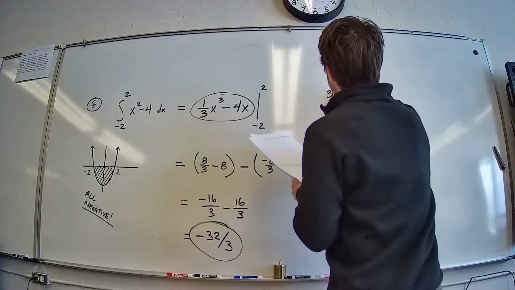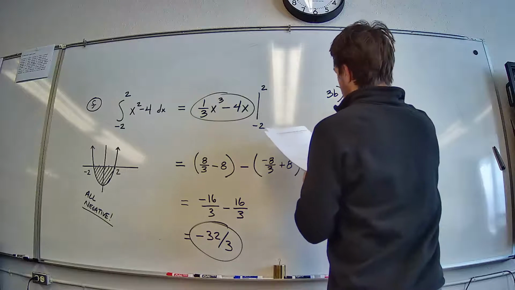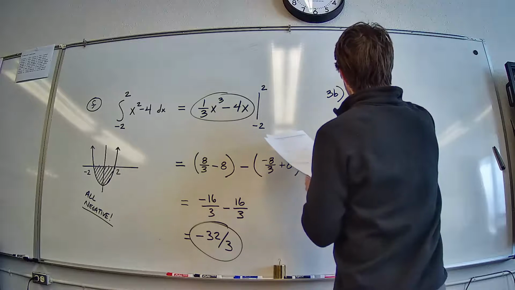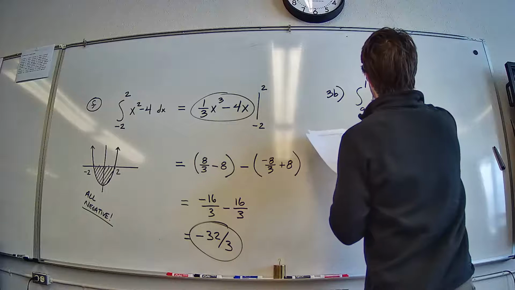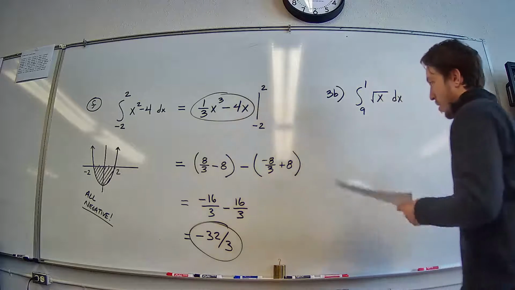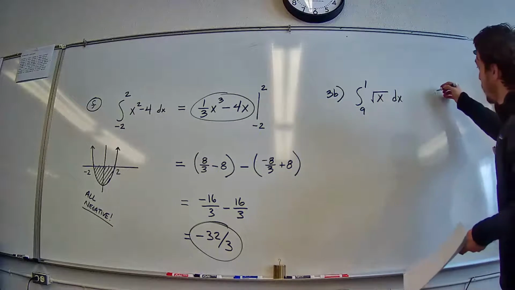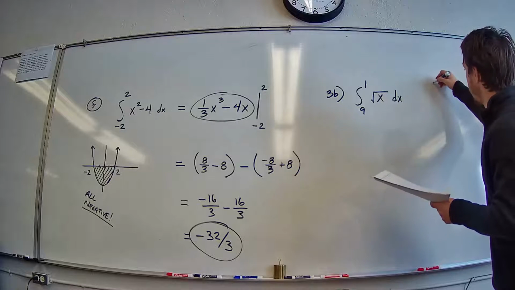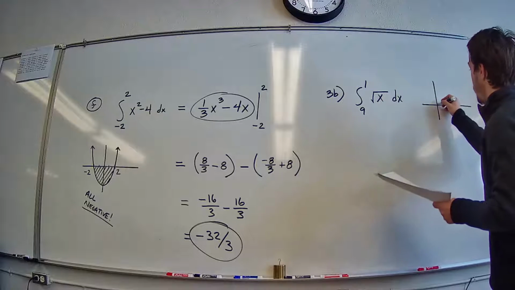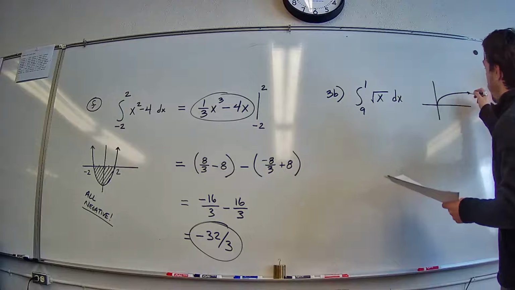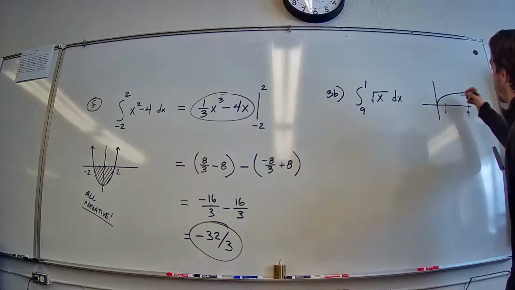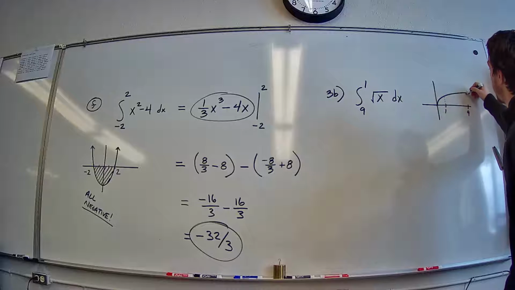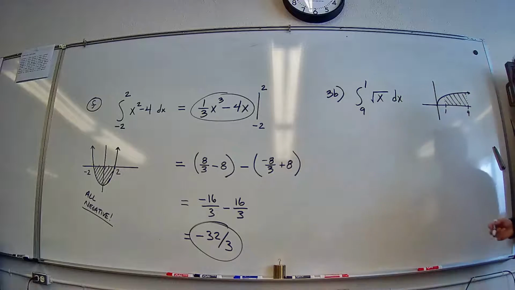So 3B is, let's graph it first. Although when you graph this one, it's a little strange because I know how to graph square root of x, and I know how to go from 1 to 9, but maybe you can make a conjecture.